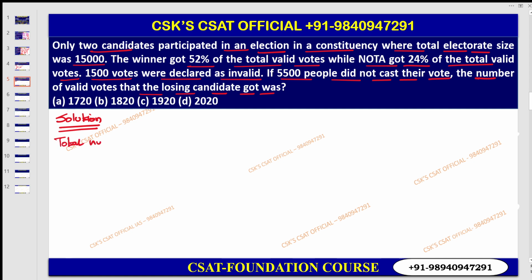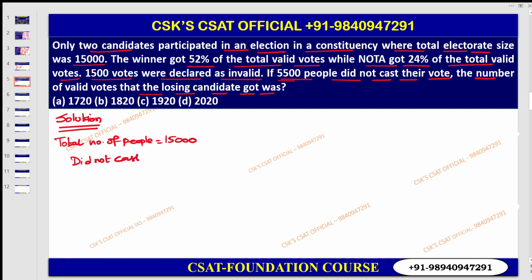So here the data provided is the total number of people. The total number of people here is 15,000. After this, read it carefully. You will be getting some data here, but not in sequence; maybe at the end of the question also. Therefore you need to develop it here. If 5500 people did not cast their vote, you subtract this here.